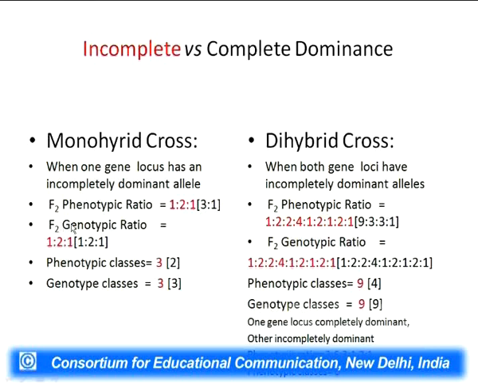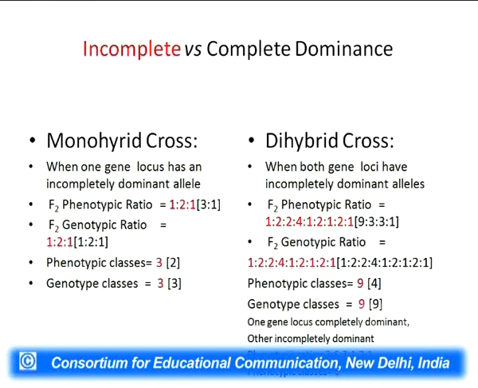The genotypic ratio of F2 is 1:2:1, which is the same as the expected Mendelian ratio, but then here we find that the phenotypic and the genotypic ratio of incomplete dominance plants or organisms is identical. The phenotypic classes is 3.